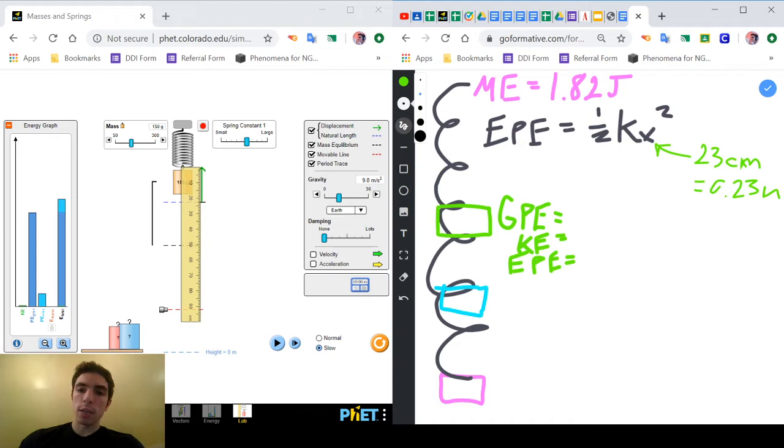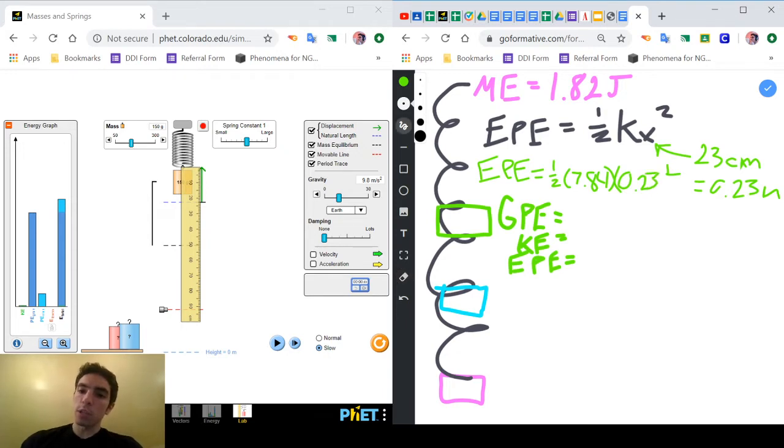So our elastic potential energy here then is 1/2 times 7.84 times 0.23 squared. That is supposed to be a 3, although clearly I'm having trouble writing that.